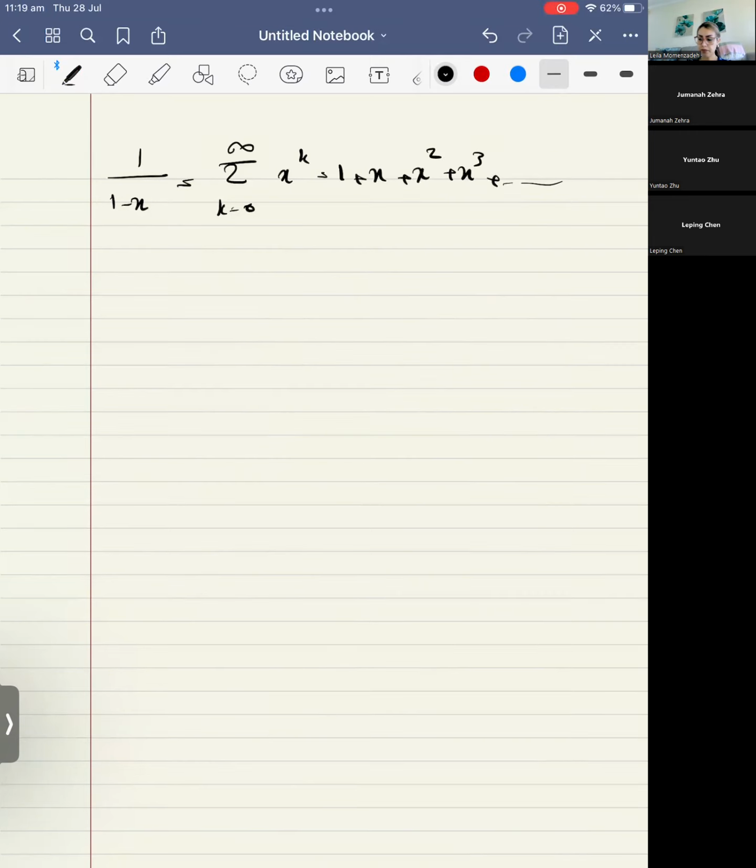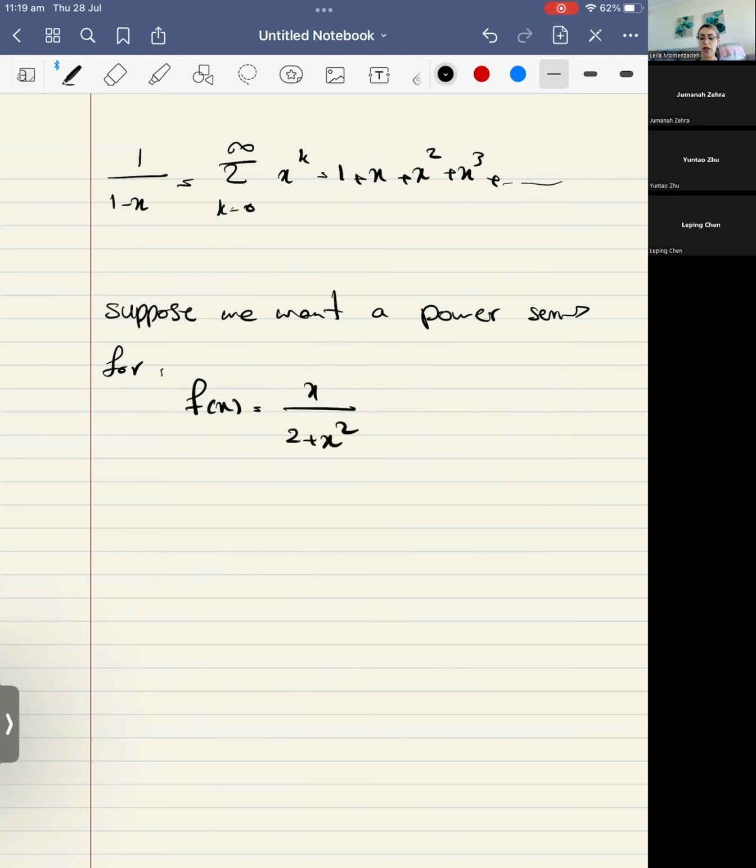Now we suppose we want a power series for f of x equal x over 2 plus x squared. Now look how we can use those mentioned series to solve this problem.